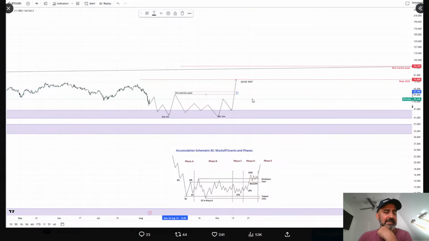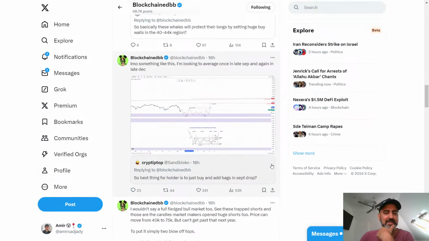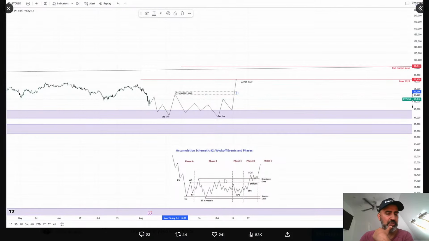I don't mind this analysis at all. Yeah, it does make sense in some ways. It makes a lot of sense. And fundamentally it's a reaccumulation pattern for whales who have dumped at high numbers, at 70k, 68k, 74k, whatever.